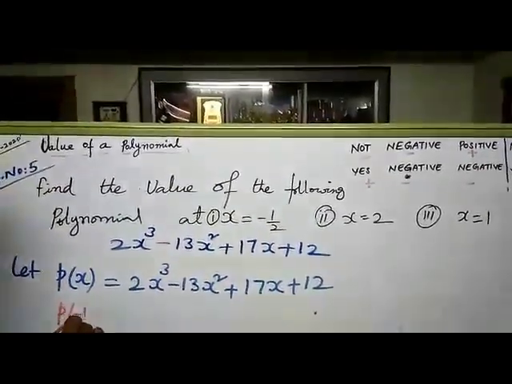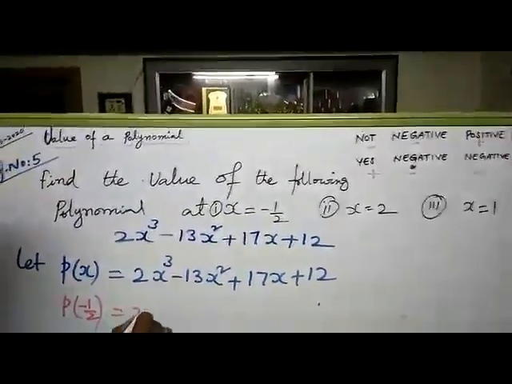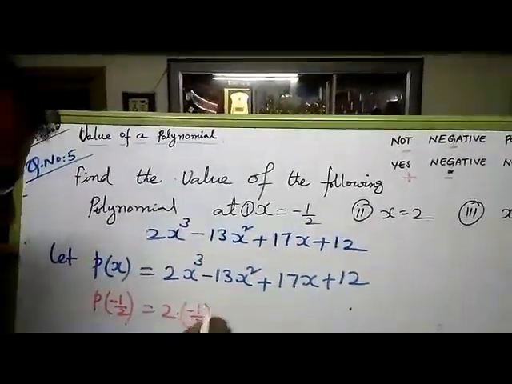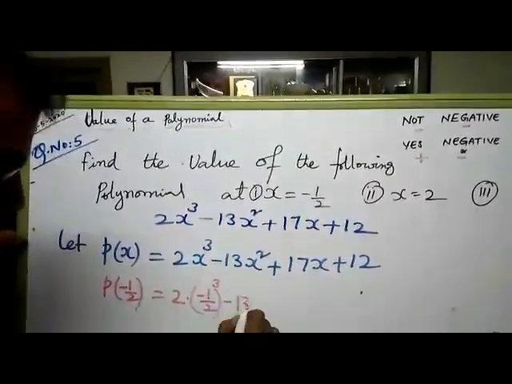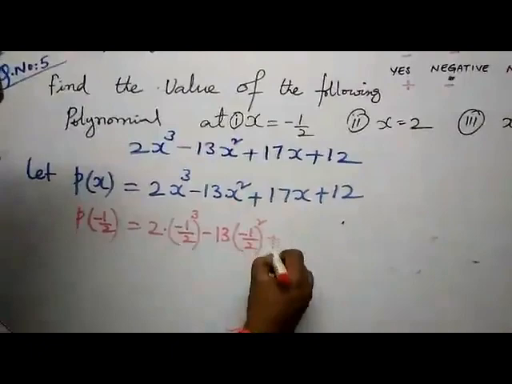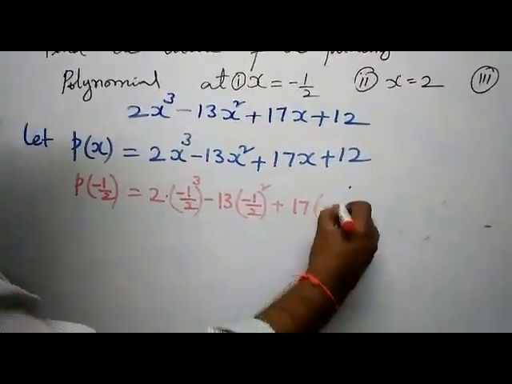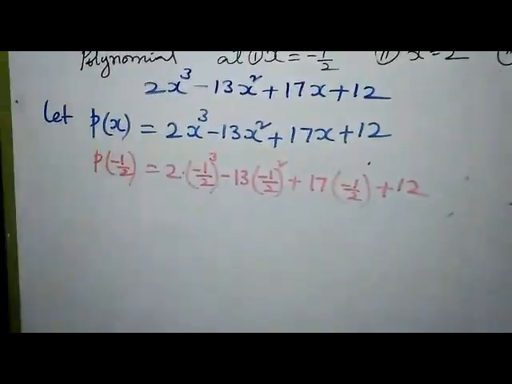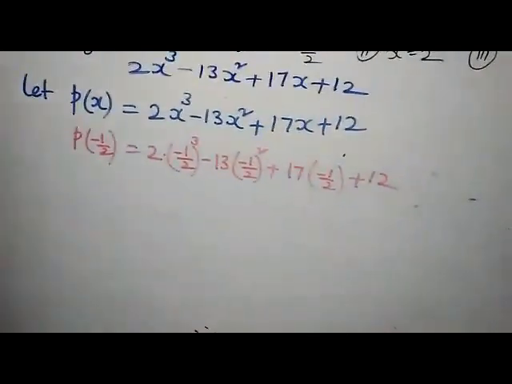P of minus 1 by 2 is equal to 2 into minus 1 by 2 whole cube, minus 13 into minus 1 by 2 whole square, plus 17 into minus 1 by 2, plus 12. Here you listen carefully.